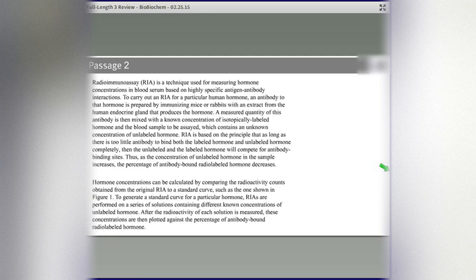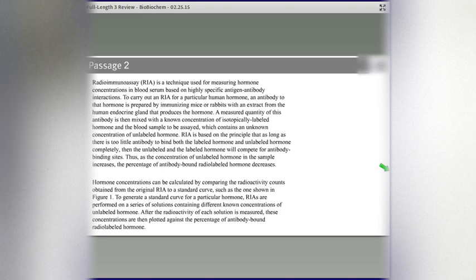Unlabeled, labeled, they're competing. A little bit of the unlabeled, more labeled can bind. A large amount of the unlabeled, less labeled can bind. Does that make sense? They're competing. A little bit of unlabeled, a lot of labeled binds.